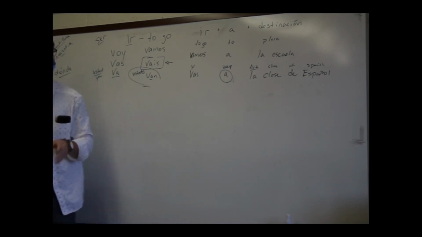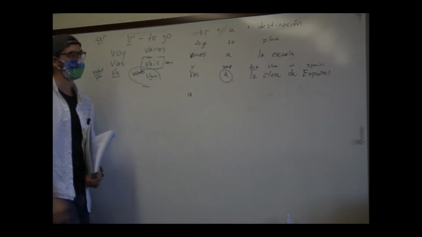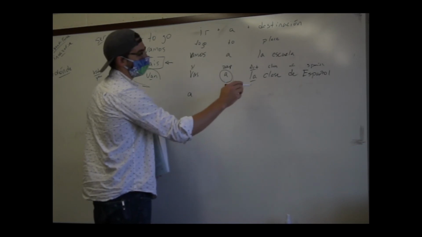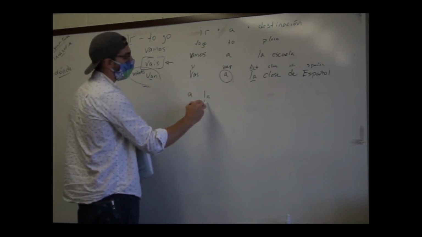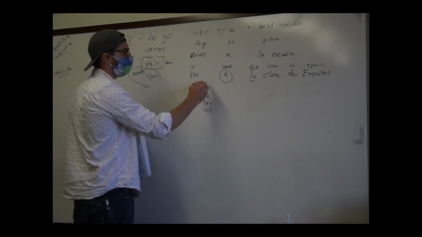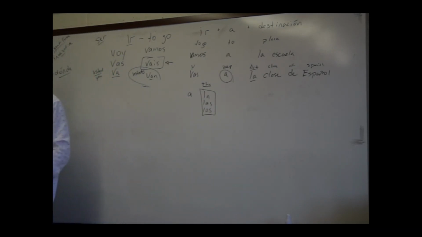The last thing is the word a. When the word a, like over here it said vas a la clase, the class. When the word a comes before la, or las, or los, all words for the, it's two different words. Okay?